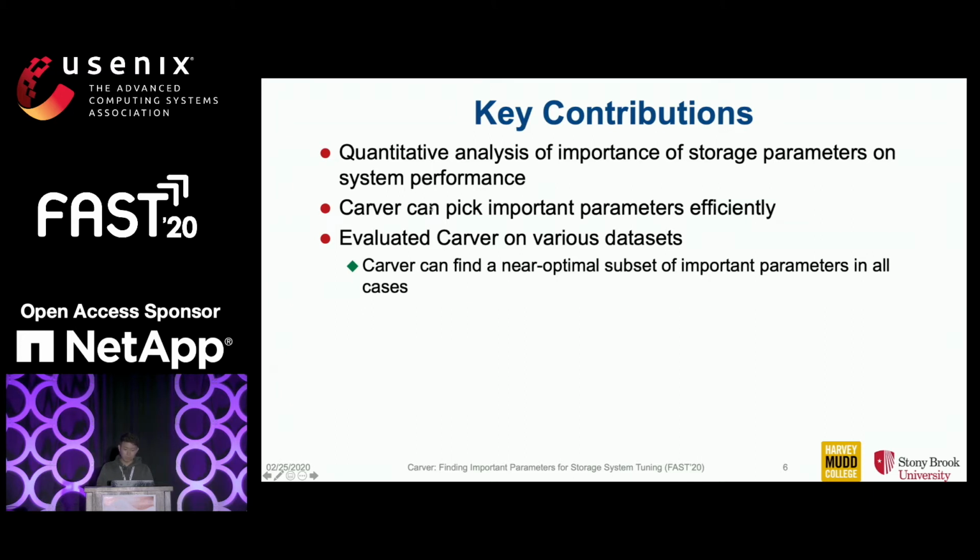We proposed Cover, which used a variance-based metric for storage parameter importance and a sampling method to drive a greedy algorithm that can select important parameters for storage systems with only a small number of evaluations. We thoroughly evaluated Cover's ability to identify important parameters in terms of I/O throughput and latency. Cover was able to identify the near-optimal set of important parameters in all cases.